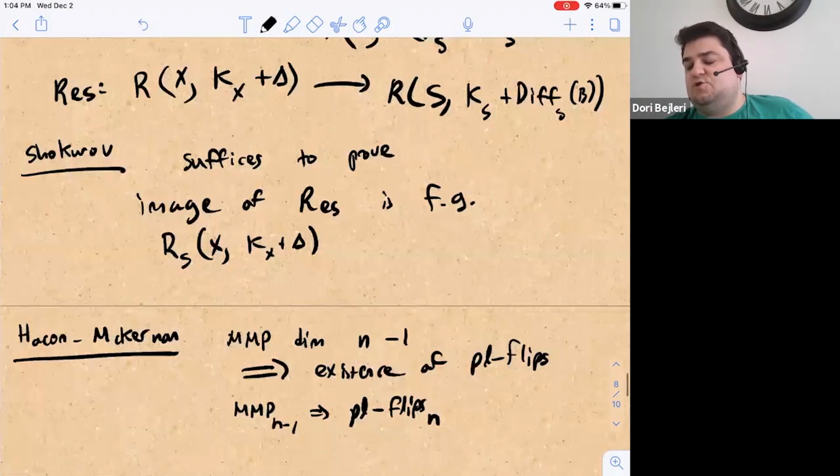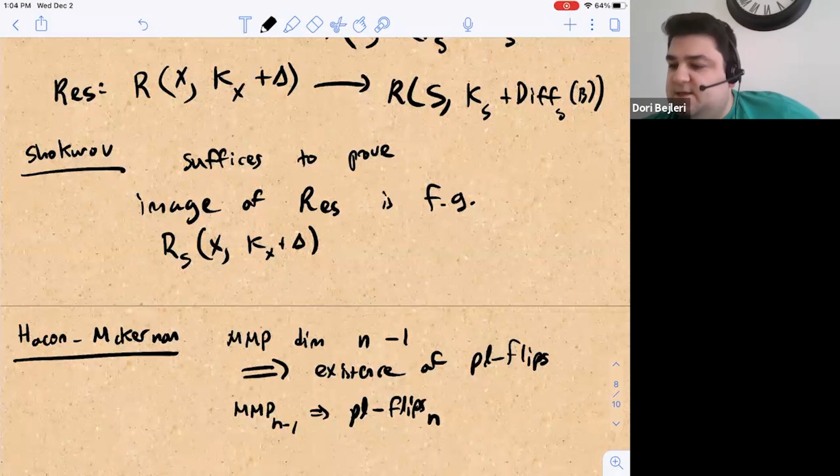So again, you want to be able to say that this restriction map is surjective. And then if you assume MMP in dimension n-1, then you know that the log canonical ring is finitely generated, because you've assumed all the conjectures, and so then you know that Rx, Kx plus delta is finitely generated, and so then you have PL flips.